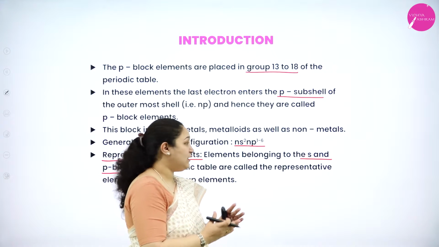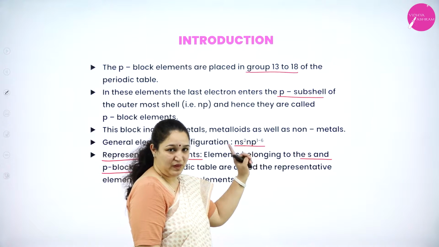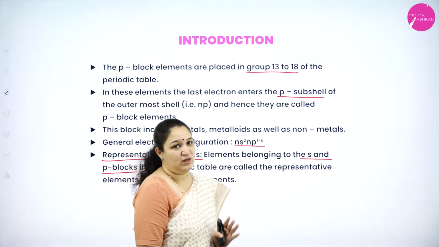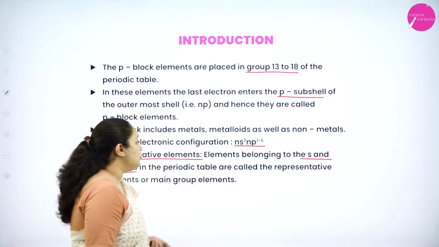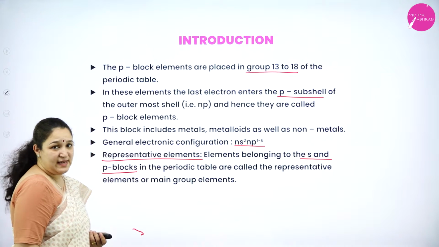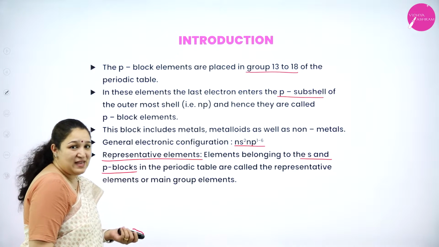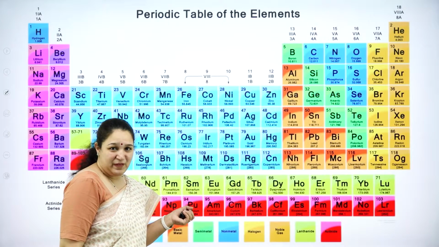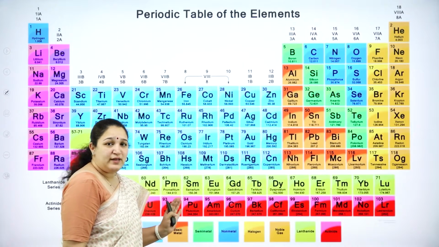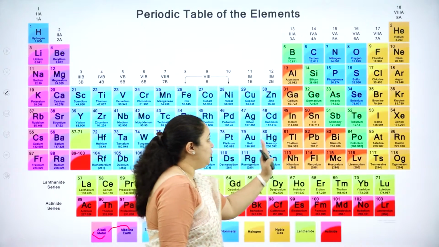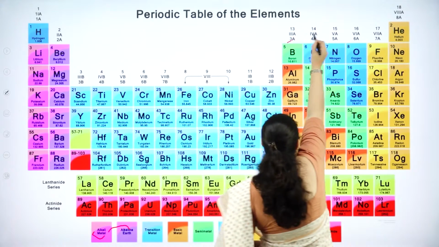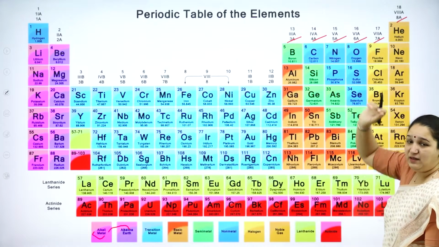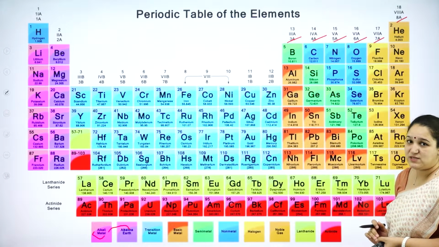Based on the number of electrons in the P subshell, they will belong to one particular group. Okay, so we'll see where exactly they are placed in the periodic table. This is the periodic table. Towards the right you can see groups 13, 14, 15, 16, 17 and 18 belong to P block elements.